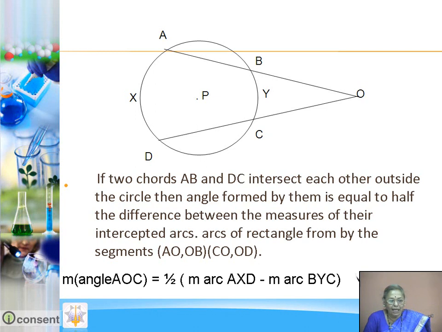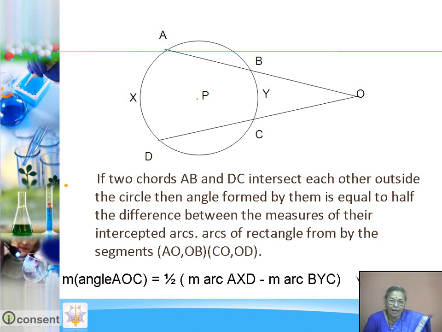So, measure of angle AOC is equal to half into bracket measure of arc AXD minus measure of arc BYC. Now if you have to find one thing out of these three, you will be given two measurements and then you can find out the rest of it.